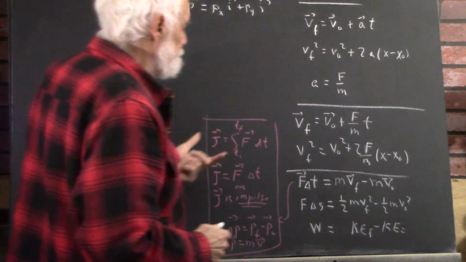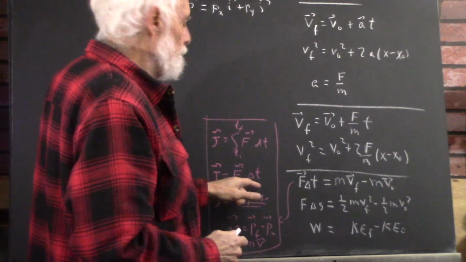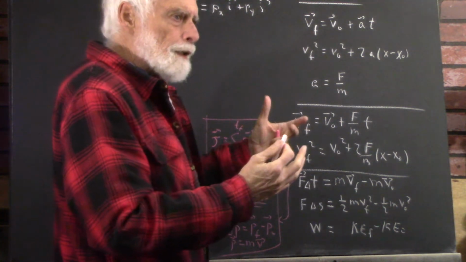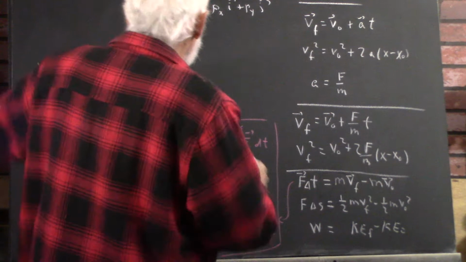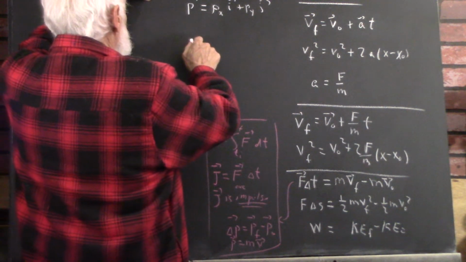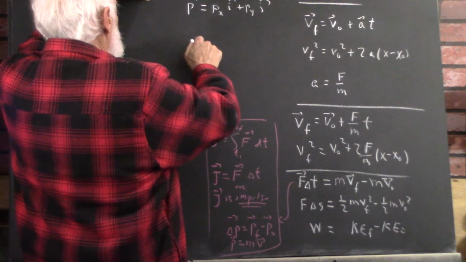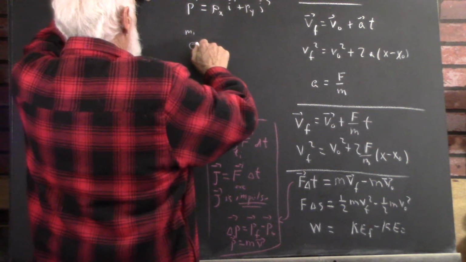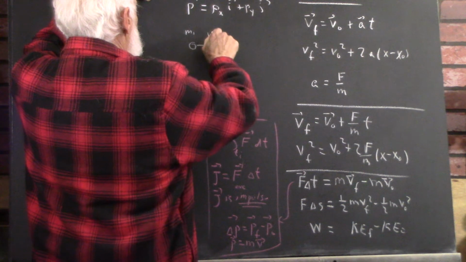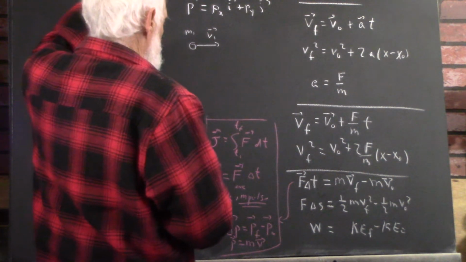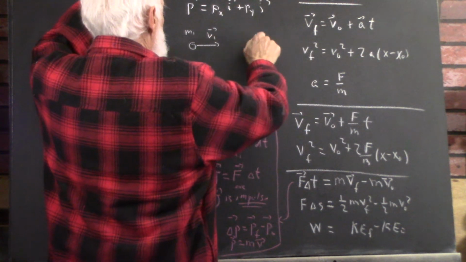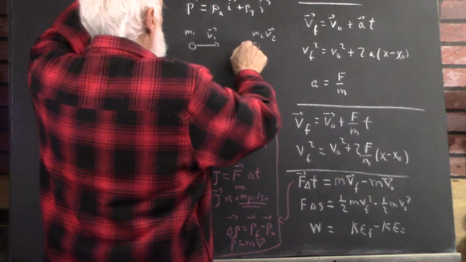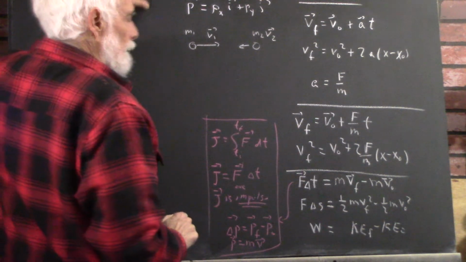Okay, since your impulse is equal to your change in momentum, if you have 2 colliding particles, so let this be M1 with velocity V1, let this be a mass M2 with velocity V2.